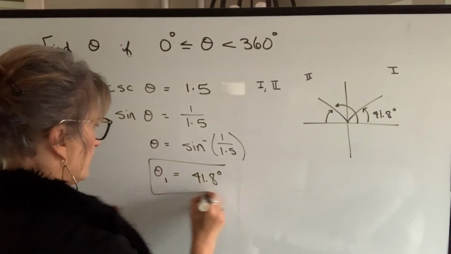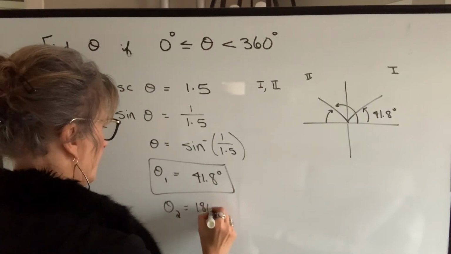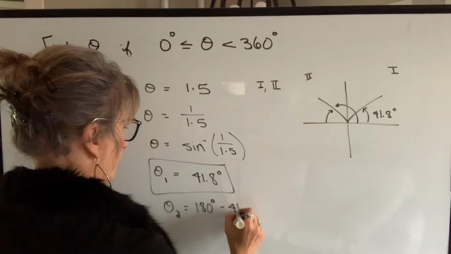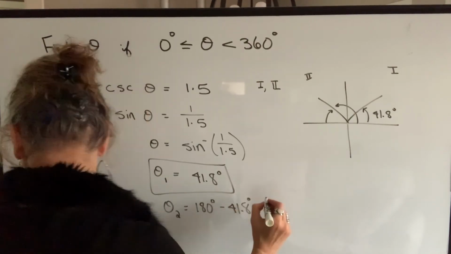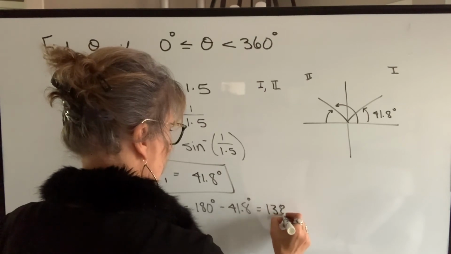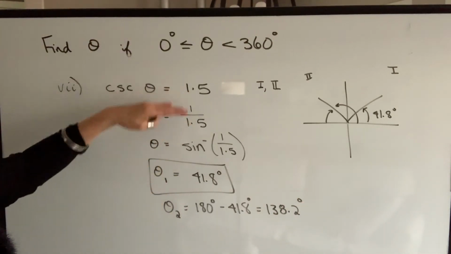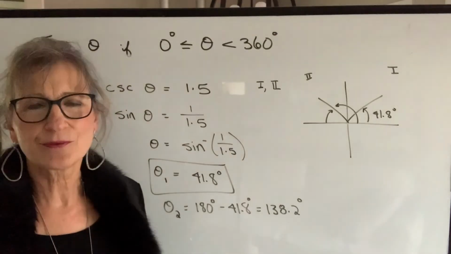So our first angle is 41.8. Our second angle will be 180 degrees minus 41.8 degrees, which is 138.2 degrees. So it's just that one extra step when we have reciprocal functions.